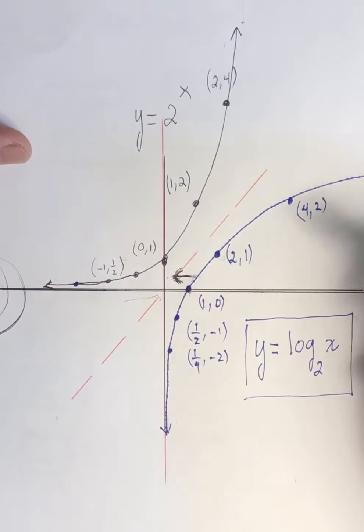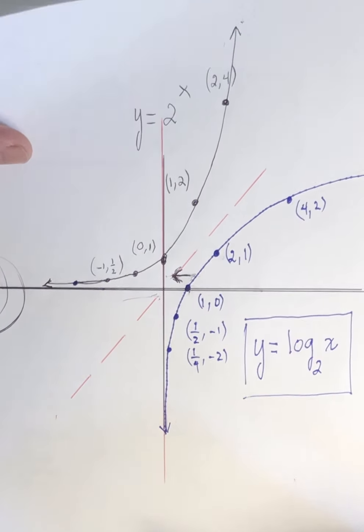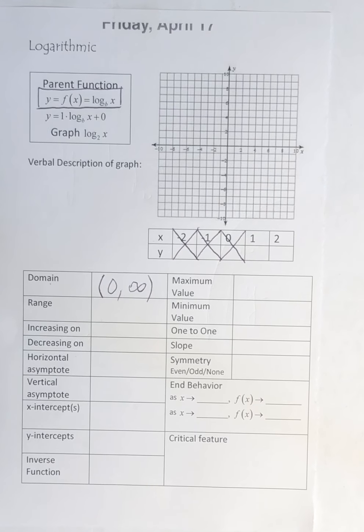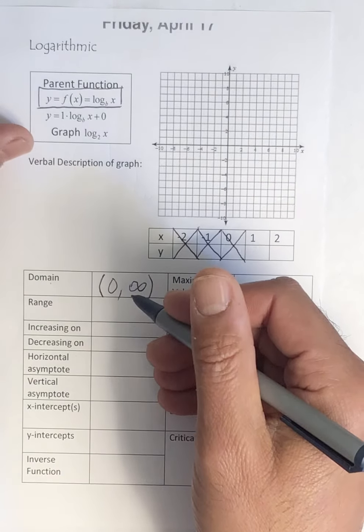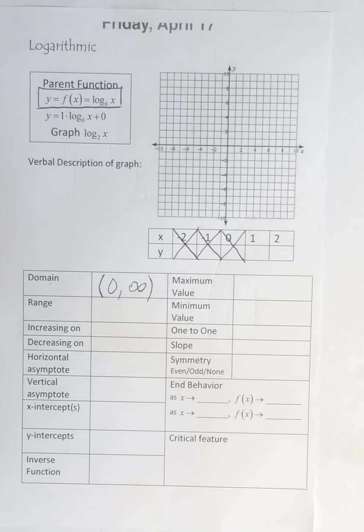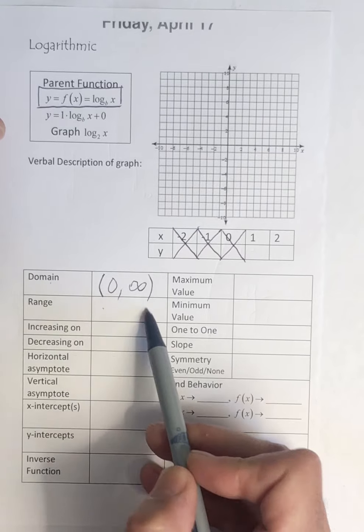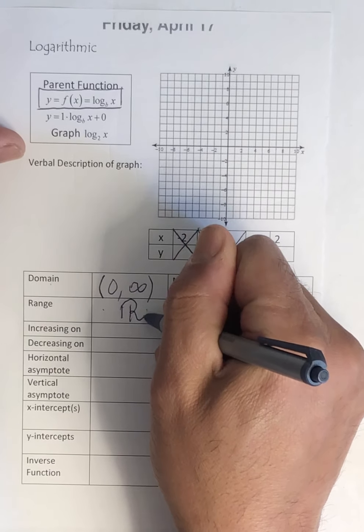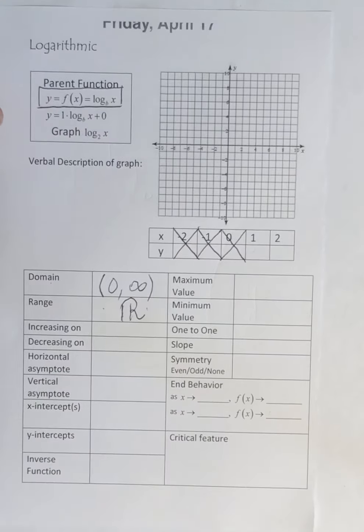So you can see this curve covers all of the y-axis. So the range is the set of all reals. Now, how do you want to write that again? Using interval notation, you say from negative infinity to infinity, or sometimes some people would just write R, which is the symbol for real numbers.